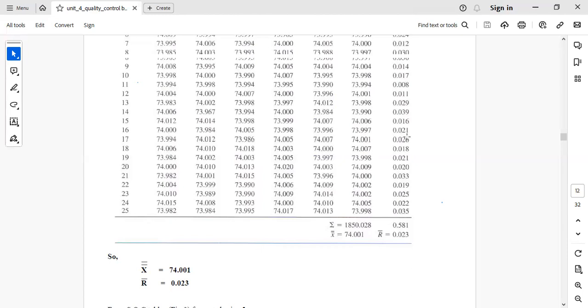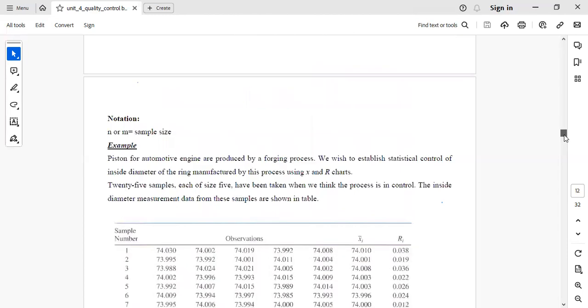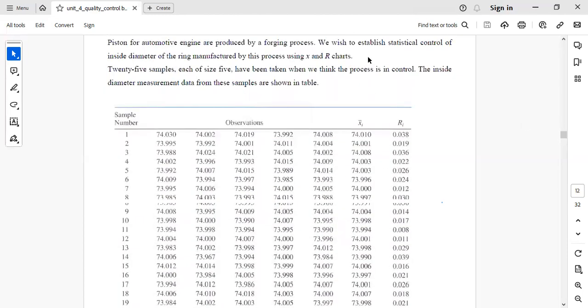Then you do the same for the range. So here, go back to where you have the range. Again, here we are getting the range for each of the samples. From this you identify which is the largest value among these for the first sample.